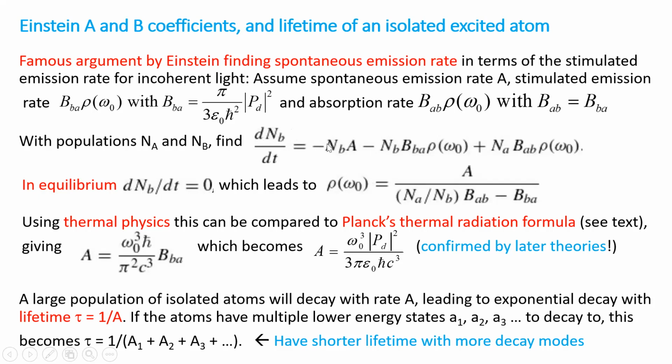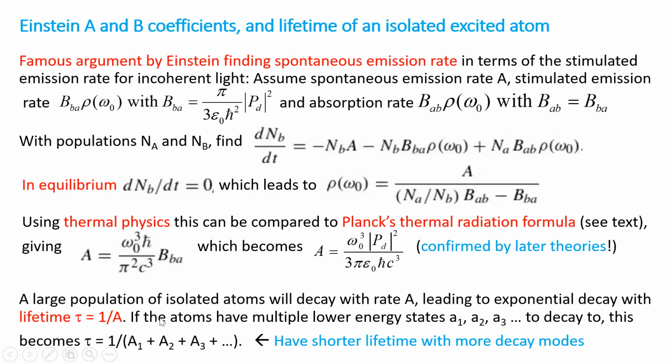That's the differential equation indicating a decaying exponential. So we get exponential decay with a lifetime tau equal to 1 over A. The greater the rate, the shorter the lifetime; the smaller the rate, the longer the lifetime. So they're inversely proportional.